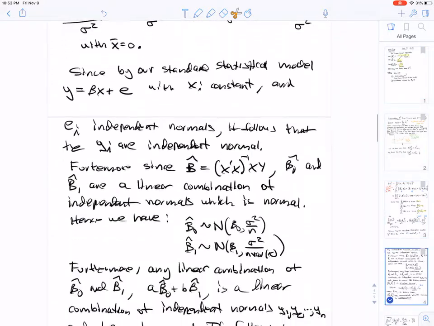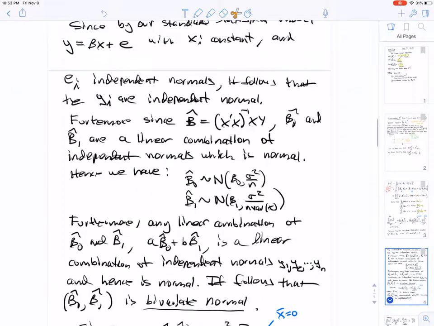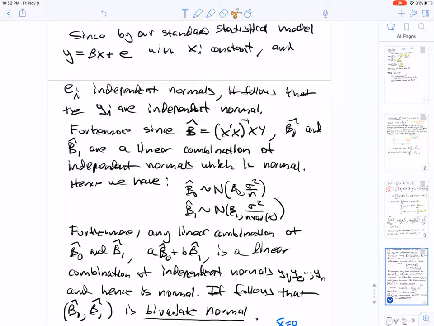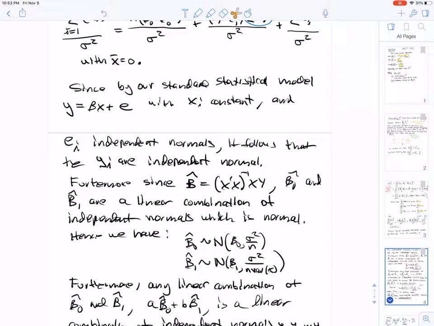But what about normality? Since our standard statistical model is y is beta x plus e, with our xi's being constant and the ei's being independent normals, it follows that the yi's are independent normals.